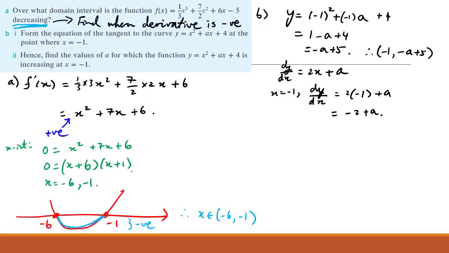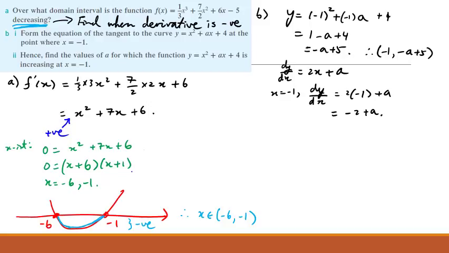Then part 3, substitute this back into the linear equation. I'm actually going to write this as 5 minus a because it's less messy. So this is just a linear equation.